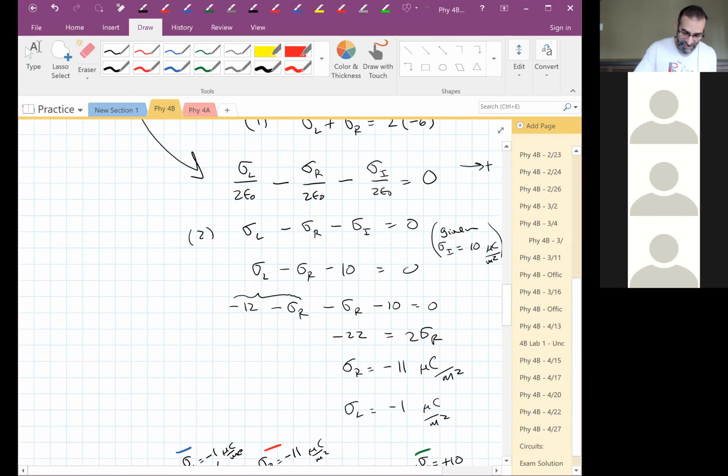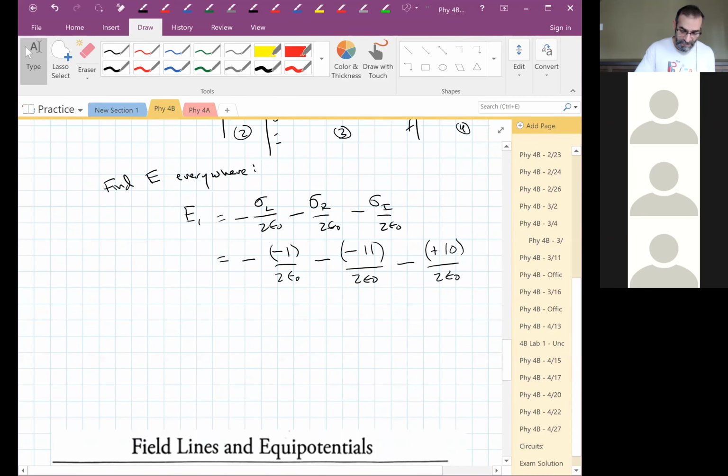All right, so there's E1, and then you can just keep doing the same thing for the other ones. What did I get here? I got a minus 10 and a plus 12. Plus 12 minus 10. Plus 2. Plus 2 over 2.